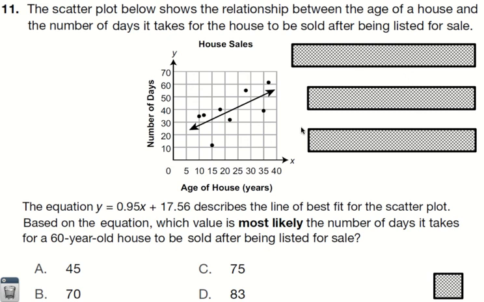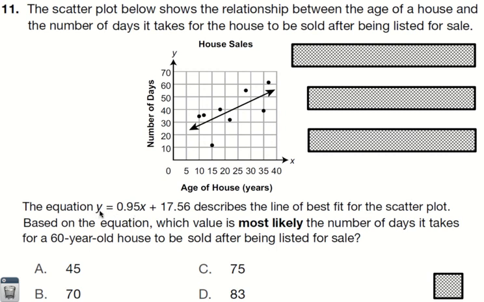Extending your line over to here and then seeing where that line would be for 60 years, and what the corresponding y value would be with the number of days. So here's my other option, okay?